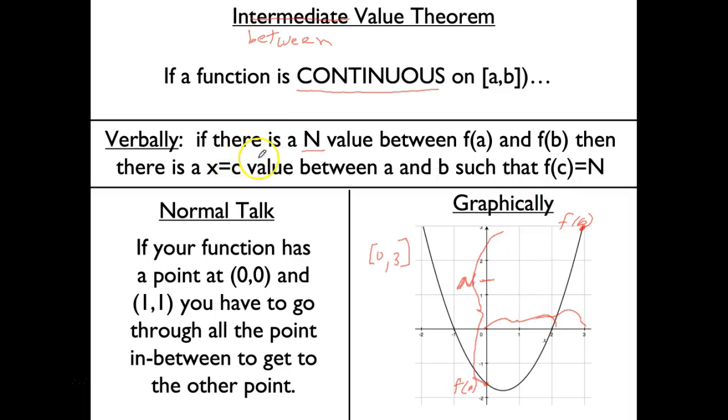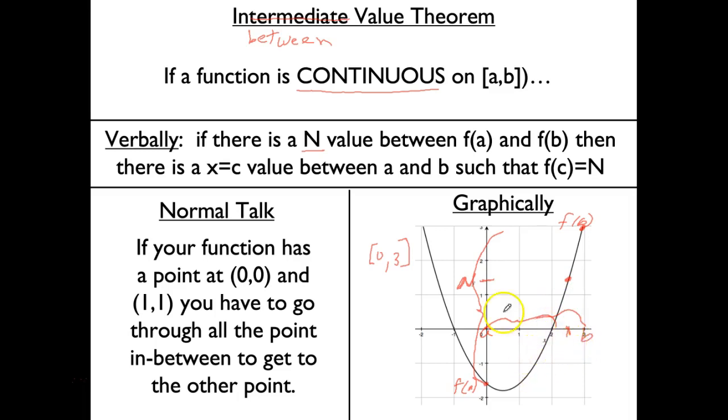Then there is some c value between a and b. So a is my x value for that same y value, and b is the x value for that. It's saying that there's some x value, which we were saying this is going to be our n, so our x value would be right around there. That's where our x value would be.